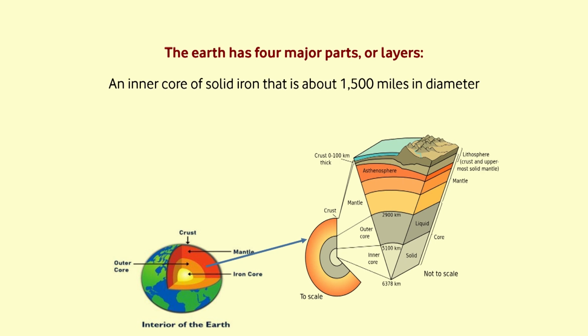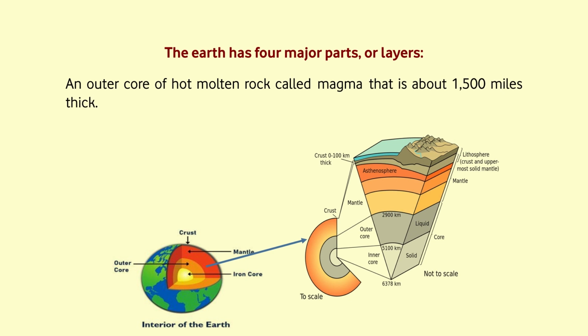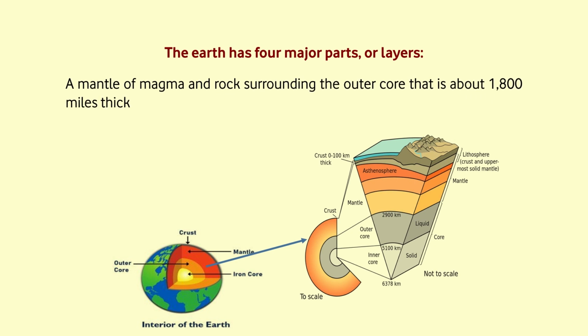Inner core, it is composed of solid iron. It is around 1500 miles in diameter. The outer core is composed of hot molten rock called magma. It is about 1500 miles thick. Mantle of magma and rocks which surrounds the outer core.